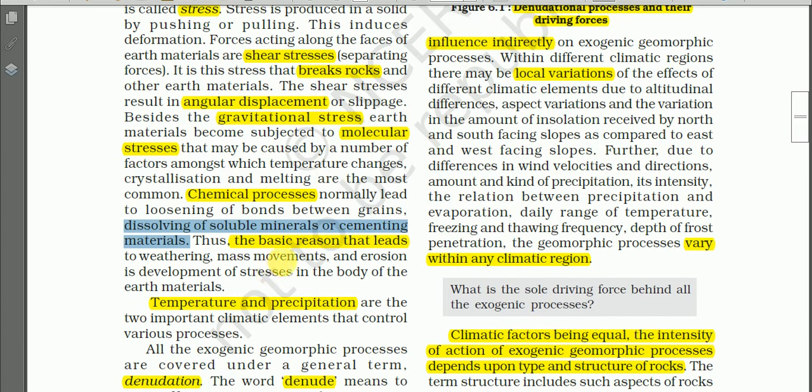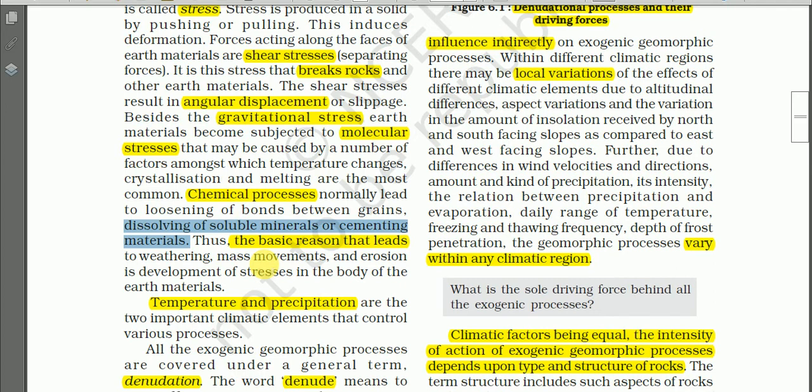Another type of weathering process is chemical weathering, and it normally leads to the loosening of bonds of those elements forming these minerals and rocks. Sometimes because of chemical processes, soluble rocks may be dissolved, or some grains of minerals may be compacted.